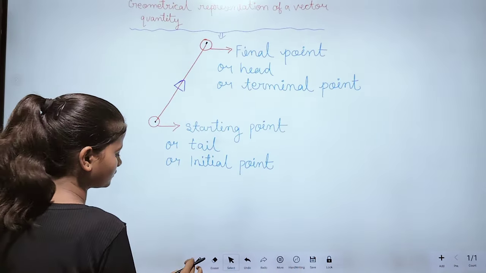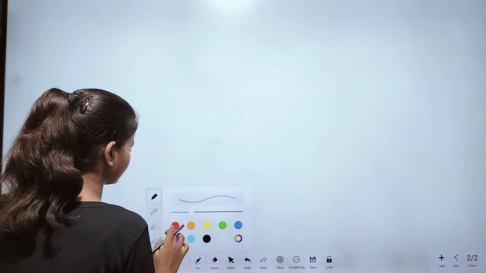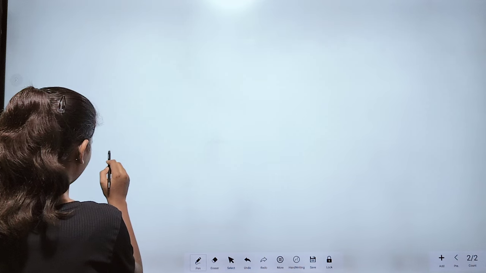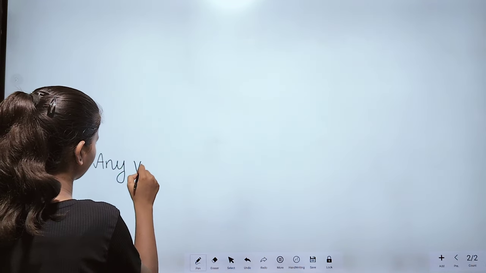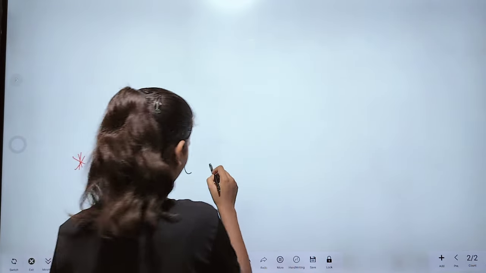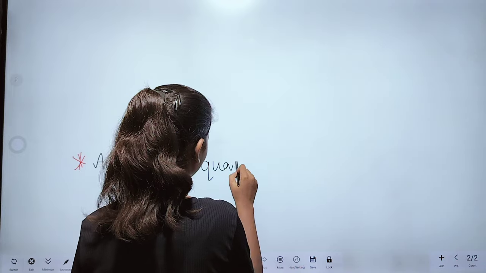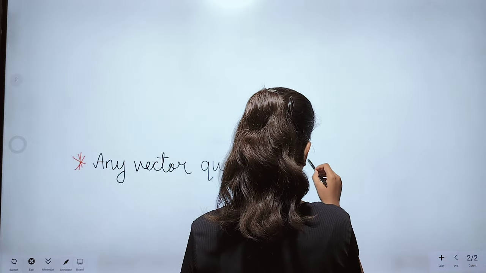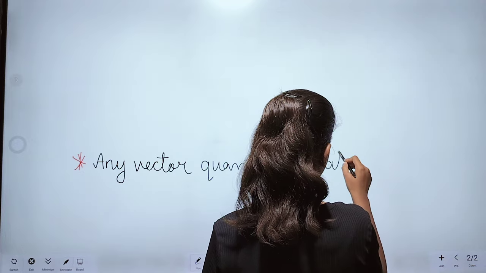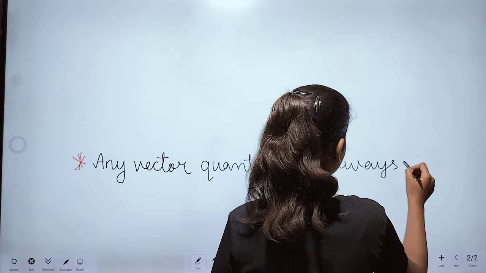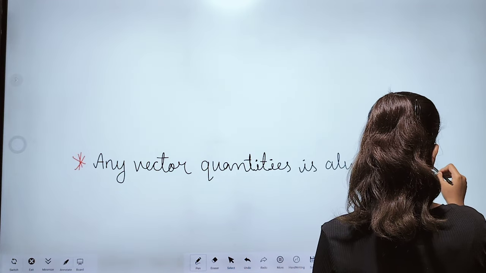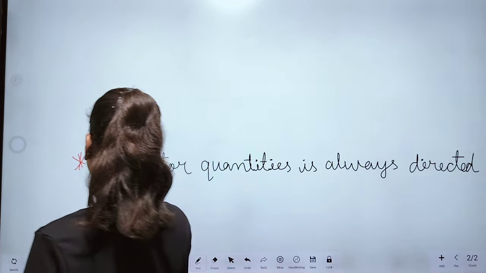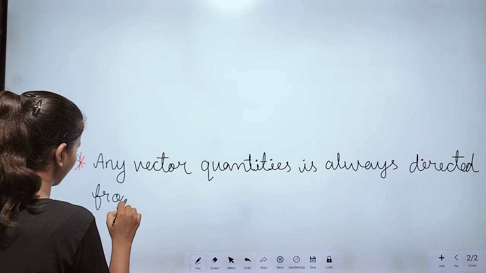So here is one point, that any vector quantity is always directed from tail to head.